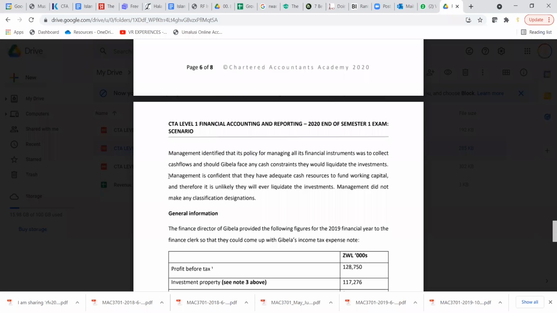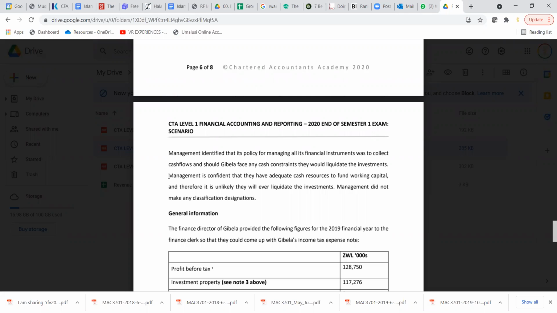So why will it not be classified as amortized cost? The preference shares do meet criteria number 1, which is holding the asset to collect contractual cash flows. However, it does not meet criteria number 2.